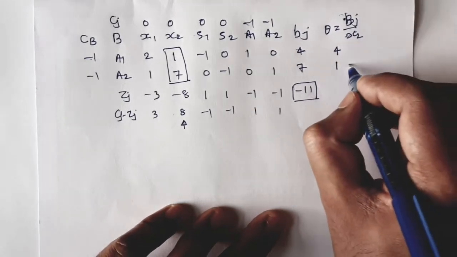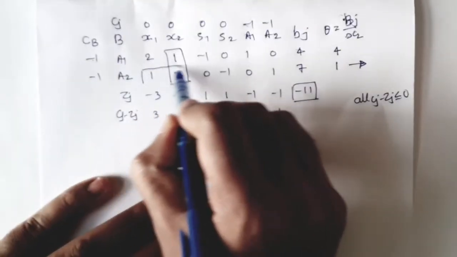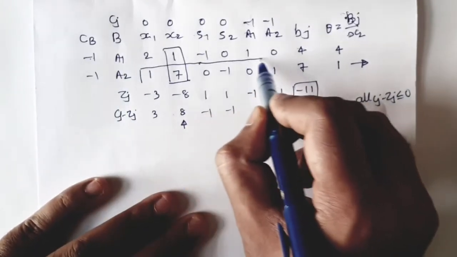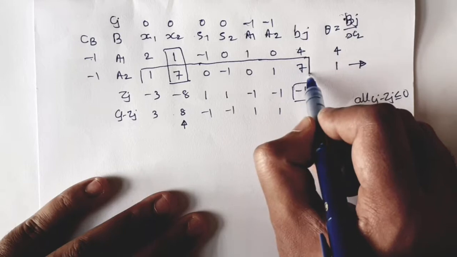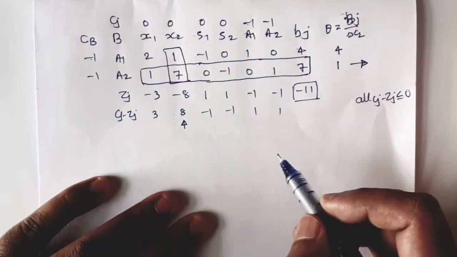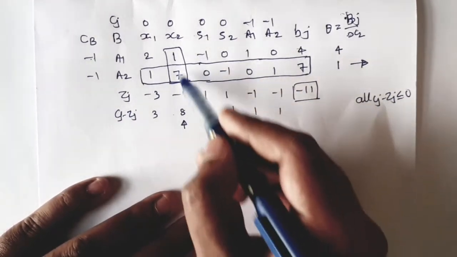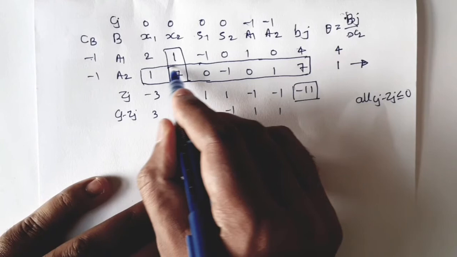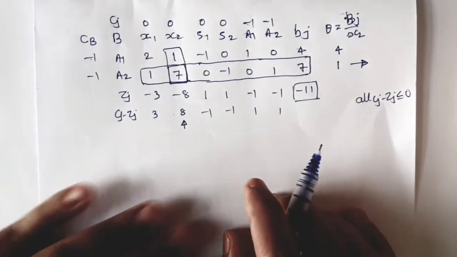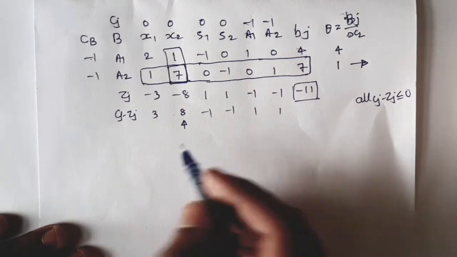We choose the minimum ratio, which is 1 here. According to this ratio, a2 is the variable which will go out from the basis column. This row is called the key row, this is the key column, and 7 is the key element here.